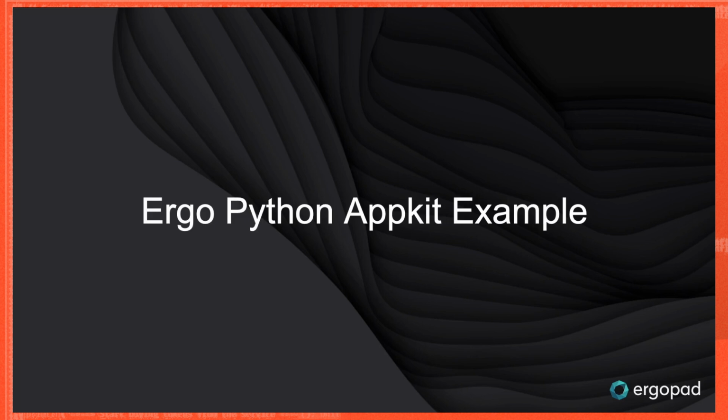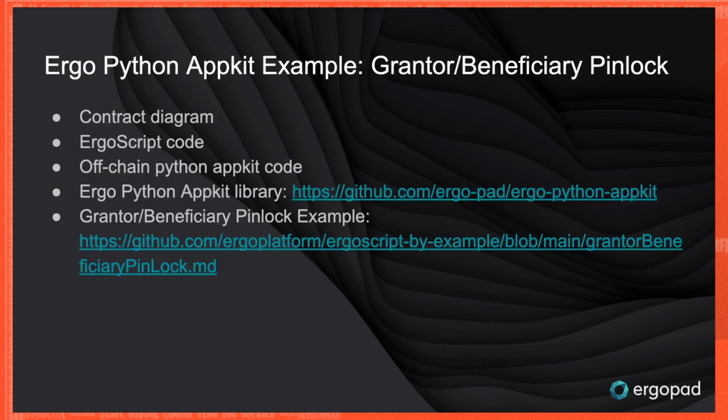Now that you know how to set up the Quicknode as well as running the backend API, we're going to do a simple example where we're going to write an Ergo script contract and then write the off-chain code using the Python Appkit library, and then we're going to use PyTest to test it and see if it works. I'm going to show you a contract diagram that corresponds to the Ergo script contract.